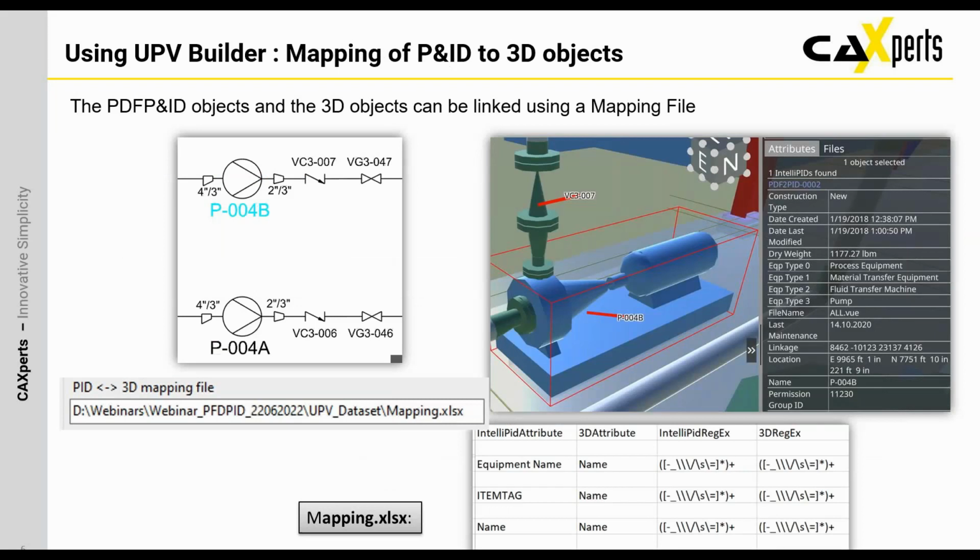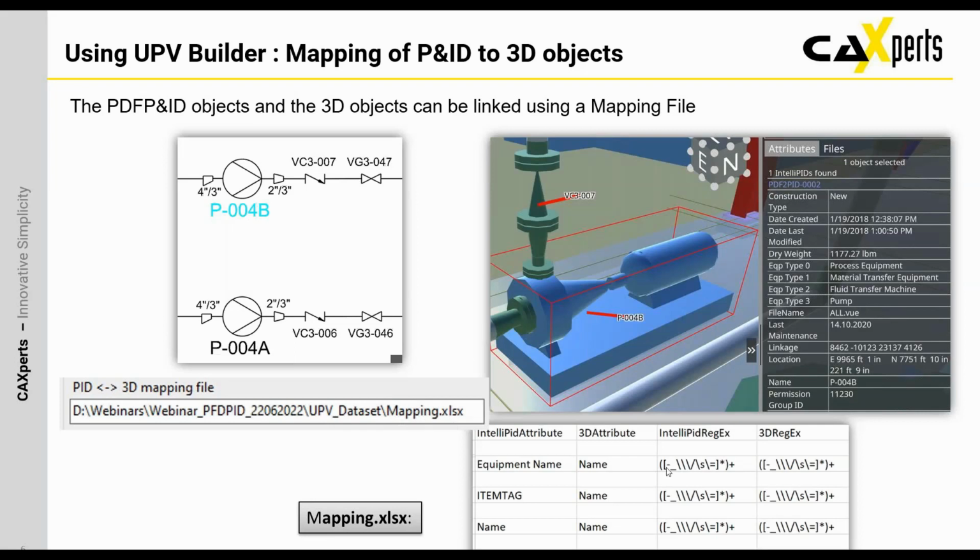In addition, when you create that package, of course, all the clients want to map the PID objects with the 3D objects, assuming that such a combination is possible. The method that we allow to be used is a file. It can have any name, but in this case, it's called mapping XLS.